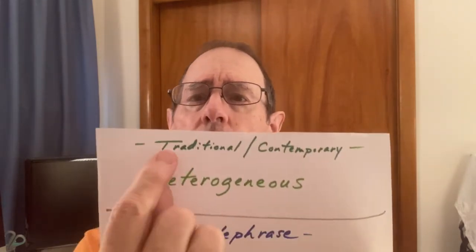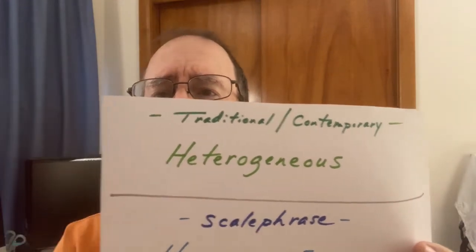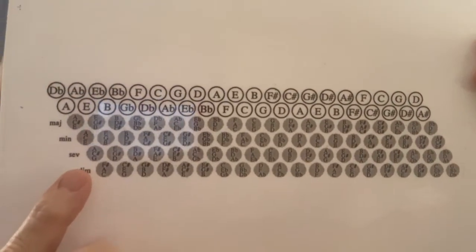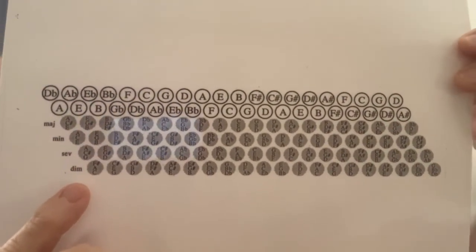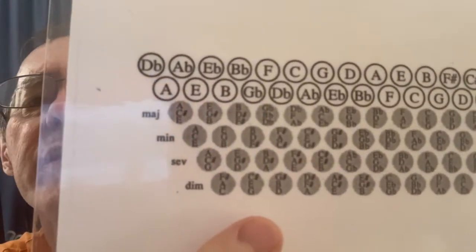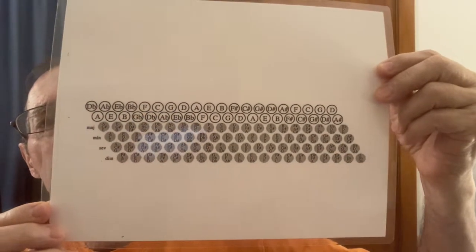And what you'll eventually discover is with the traditional and contemporary Stradella chart, that's the one you're used to. You've seen this all over the place. There are many different versions of this. I call it my handy chart. It's hard to see and it's not clear, but this is the handy chart that you're probably familiar with. And there are several different versions of it on the internet.